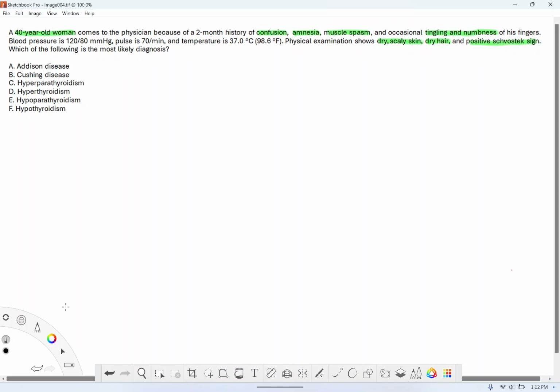When I look at these symptoms, that is confusion, symptoms of amnesia, spasm, or let's say muscle spasm, tingling, numbness.